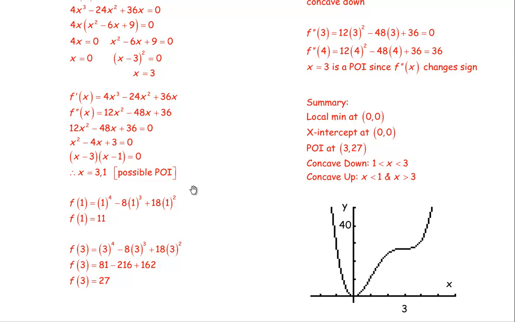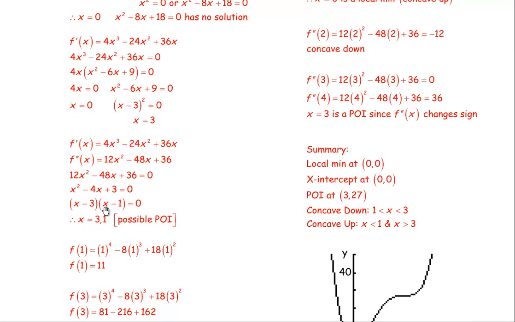To know which is which, if it's a possible point of inflection and the concavity changes, then it has to be a point of inflection. And so let's plot some of these points here. Of course, we have the (0, 0) point. At 1, there's a possible point of inflection here. So let's find f of 1, again going back to the original function.